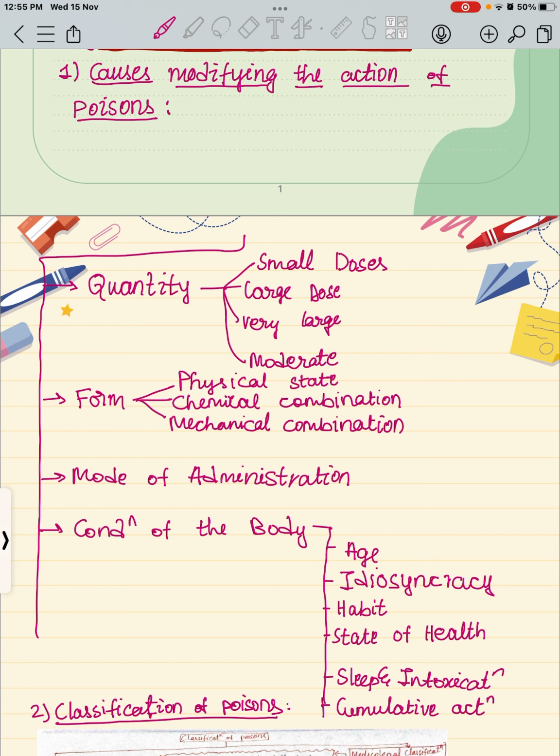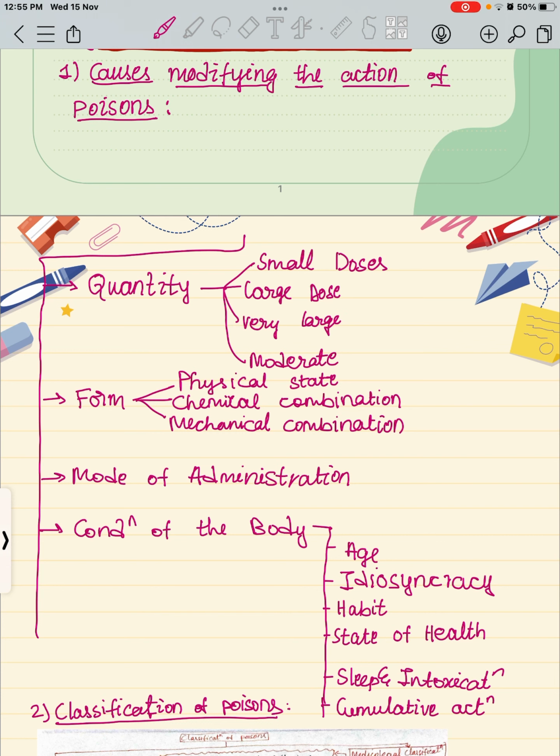Small doses. When a drug or poison or any substance is taken in small doses, it causes therapeutic action. If the same drug is taken in moderate doses, it causes irritant symptoms.